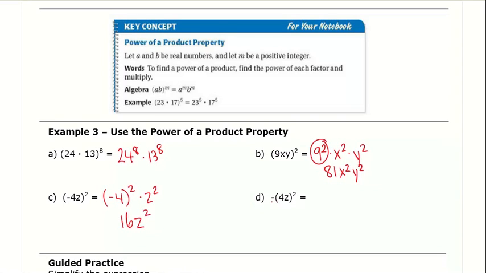In D, notice that negative's out front, so it's going to be negative 4 squared times z squared. Order of operations, okay, means we ignore that negative and we do our exponent first. So it's 16 z squared with the negative out front. Okay, so obviously C and D are very similar. Please make sure you're paying attention to where the negative is.